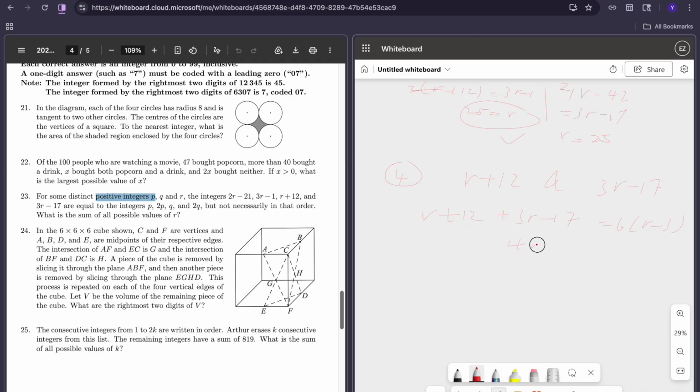So 4r minus 5 equals 6r minus 18. So 13 equals 2r, which is impossible since r has to be a positive integer. So the only two we find are 25 and 41. So we get 66. This is our answer for question 23.